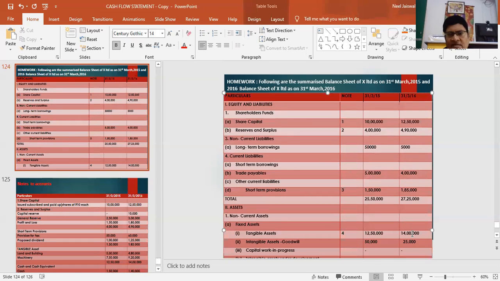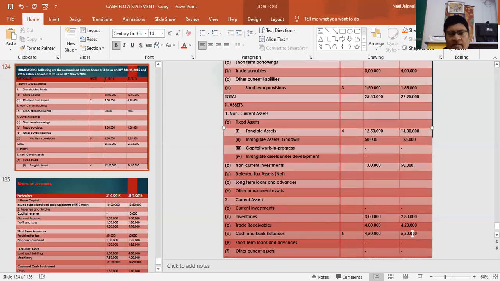Shareholders' funds, share capital is given, reserve and surplus, these all have notes, long term borrowing, no notes, current liabilities, two items are given, short term provisions are given, then trade payables, other current liabilities, short term provisions, total assets, total of assets are this side. You can take the photo of this one also.